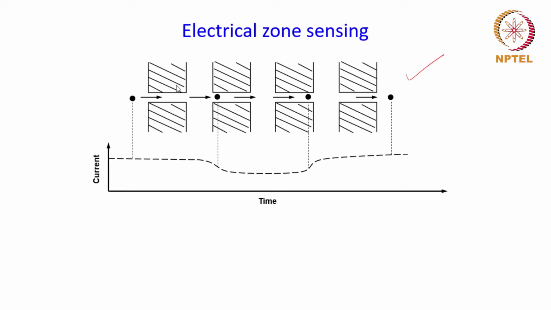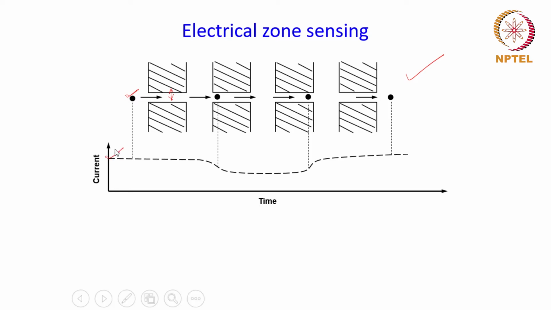This is the aperture, the gap that you see over here, and this is the particle that we are talking about. When the particle is outside the aperture in the electrolyte, there is a particular current which is flowing, which is here. That is the initial current.